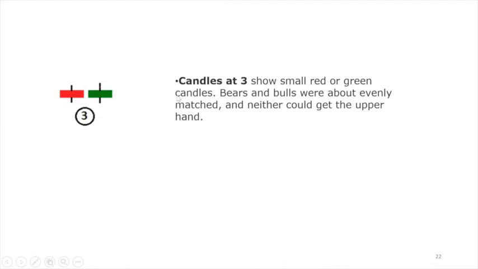This is called a reversal candle pattern, a confusion state. This happens in an uptrend or at a support or resistance level. So that gives you a signal. This is the first confirmation, then the second confirmation.